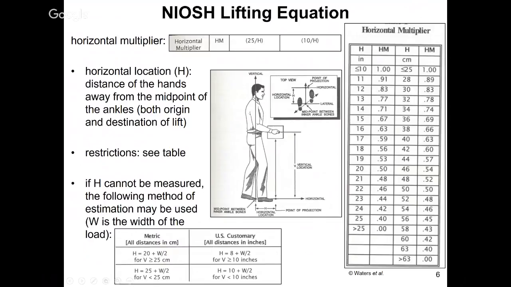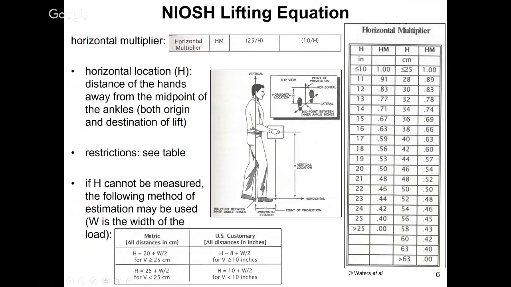All right, so H is the horizontal distance of the hands away from the midpoint of the ankle. So that's the hands on the box or on the load. And you can see, yeah, it is possible to pick something that's in inches or centimeters. And this table here will tell you, so you don't have to do the equation.